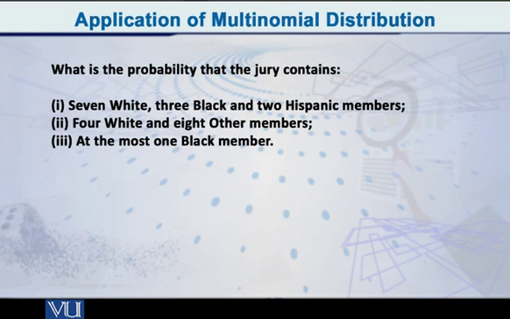The first one, what is the probability that the jury contains 7 white, 3 black, and 2 Hispanic members? Another one, what is the probability that the jury contains 4 white and 8 other members? And the last one, what is the probability that the jury contains at the most 1 black member?